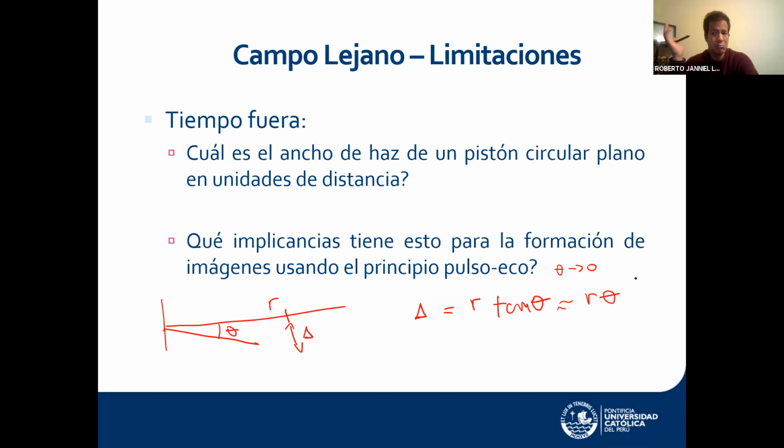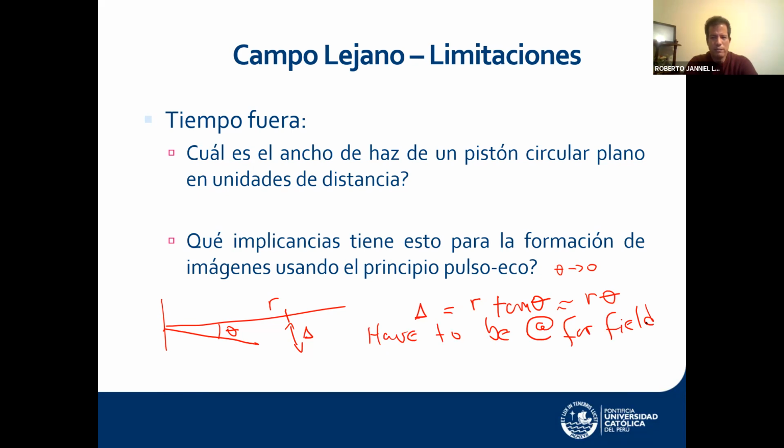And that seems like an okay thing, until the moment that you start to realize one tiny thing. Remember that we said that in order for this to hold true, you have to be at the far field. And what did we say about that?